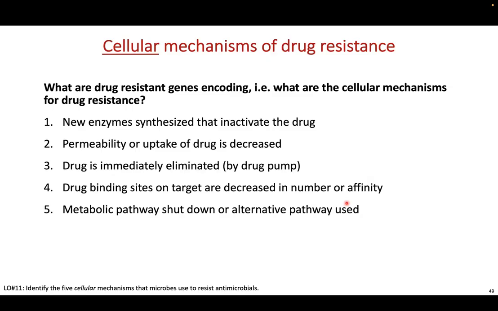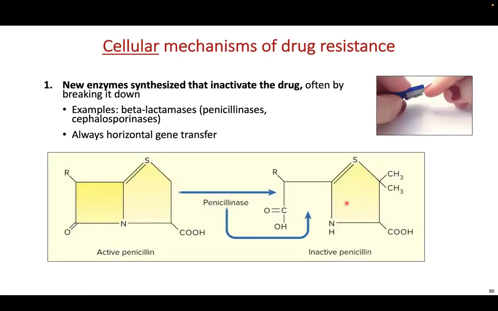And lastly, some of the genes will produce proteins that result in new pathways. They will shut the old pathways that the antibiotics are supposed to target, and they will develop a new pathway which the antibiotic drugs don't know how to interfere with. So let's go through them one after the other.